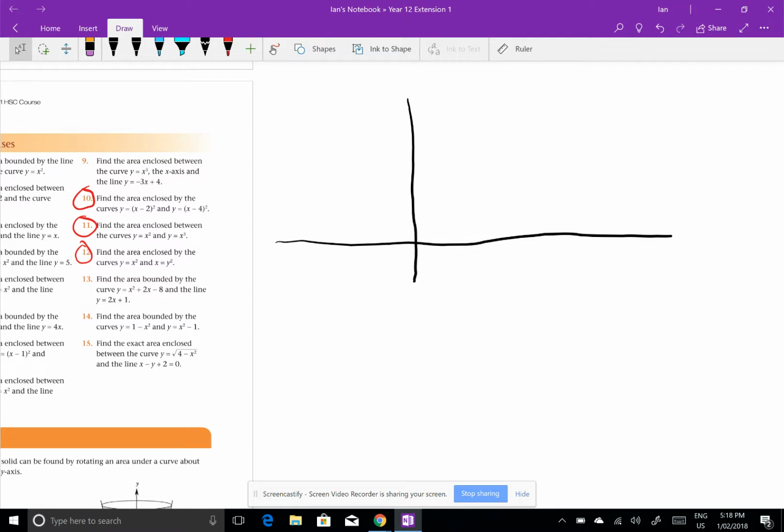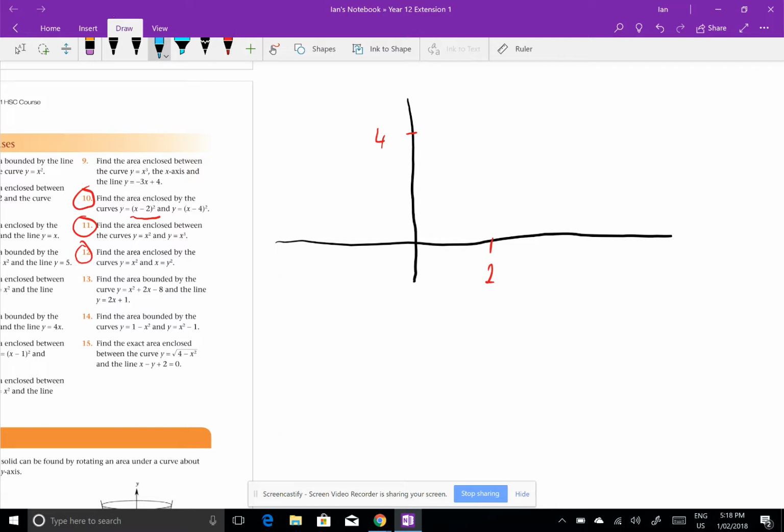Now x minus 2 all squared, well, you should know by now, you can expand that, but you know that x minus 2 is a double root. So at 2, we're going to have a double root. And if we were to expand that, the last number, the minus 2 squared, would become 4. So it's going to go through 4.